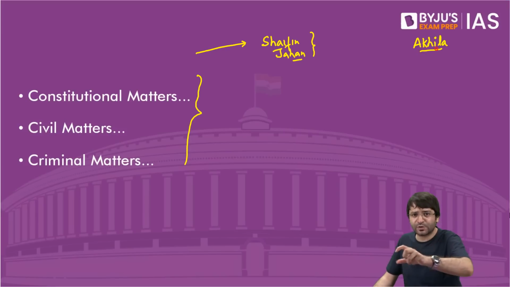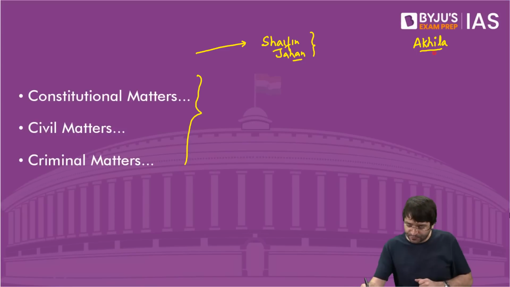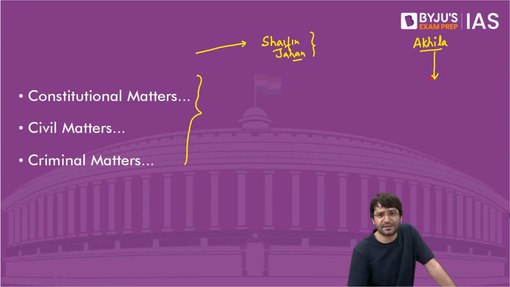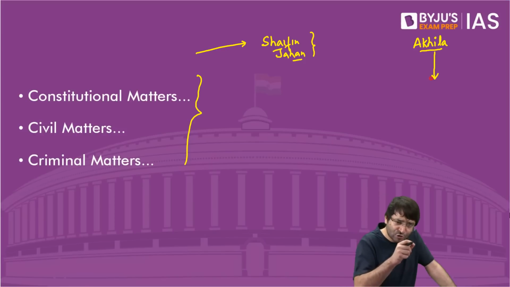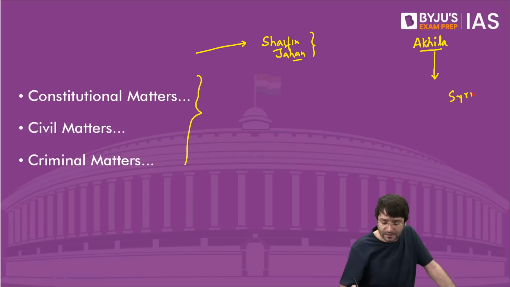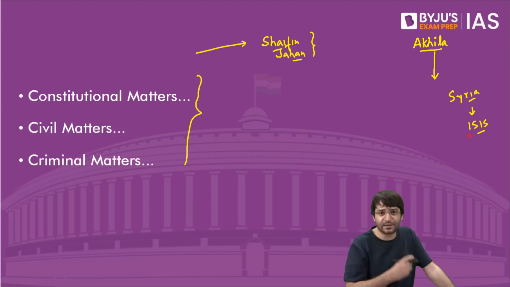Akhila converts to Islam and then marries Shafin Jahan. The father of this girl files a case that this is the classic example of love jihad. Basically, my daughter has been forced to convert to Islam, and over a period of time she will be transported to Syria by ISIS, Islamic State.